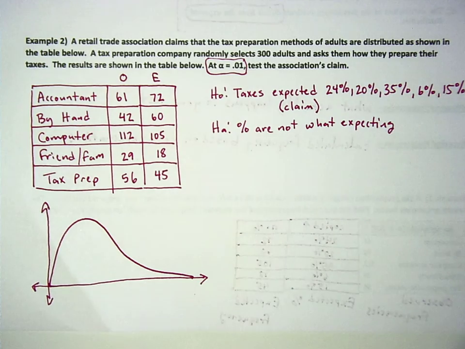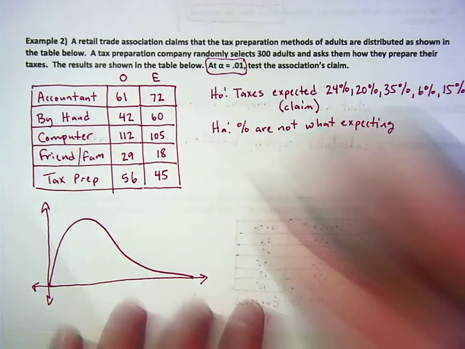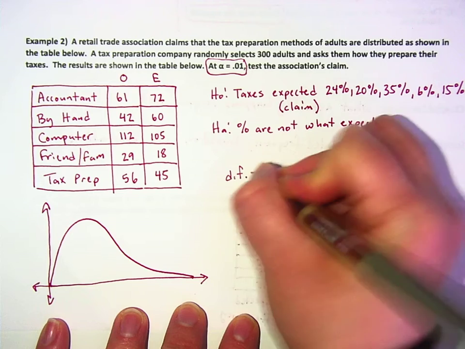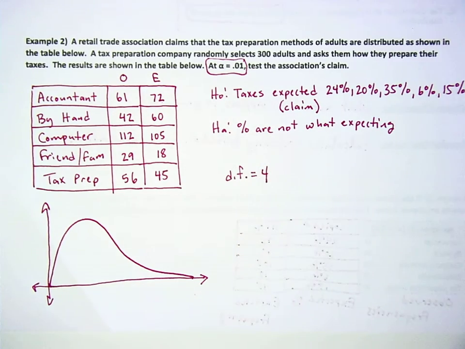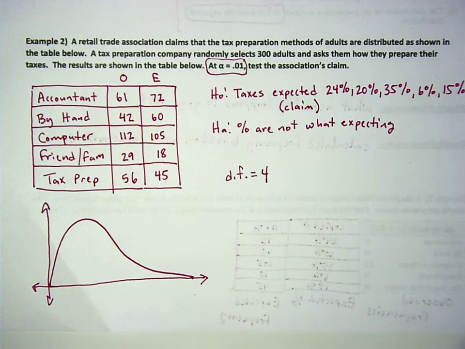And this one is going to be two-tailed. Or is it, no, why do they have it as a right-tailed?